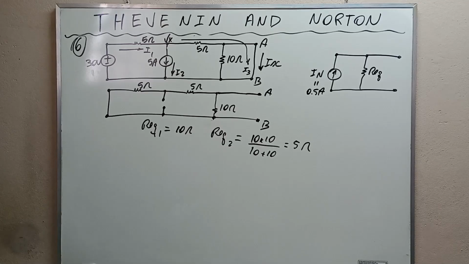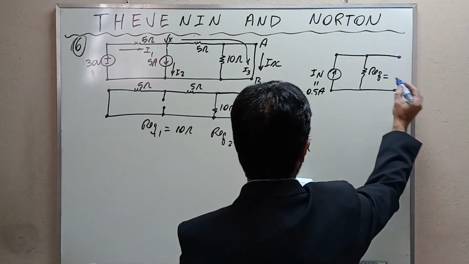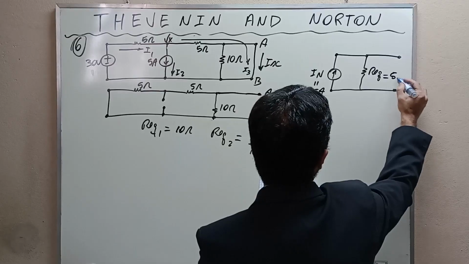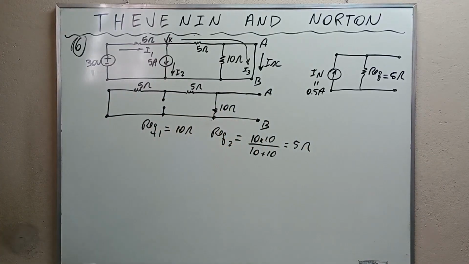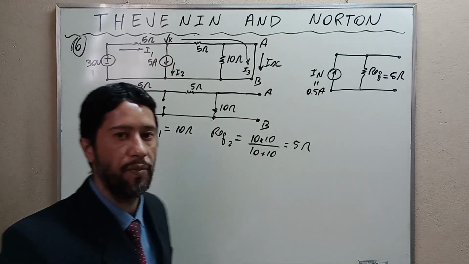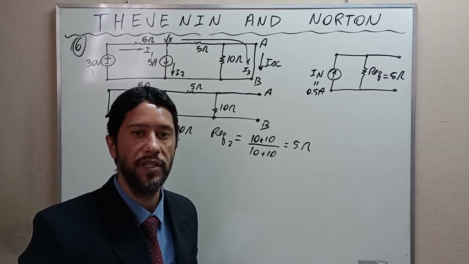Okay, my friends? Consequently, the Norton equivalent circuit is thus, this is equal to 5 ohms. Alright, my friends, and this is all. This is all for exercise number 6. Let's go to the next. Let's go to exercise number 7.